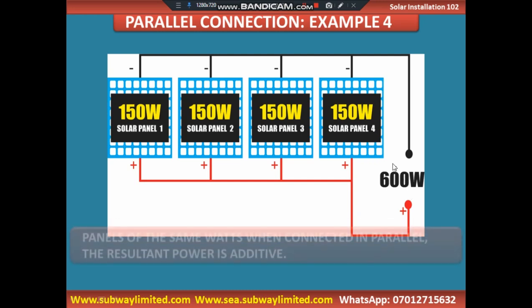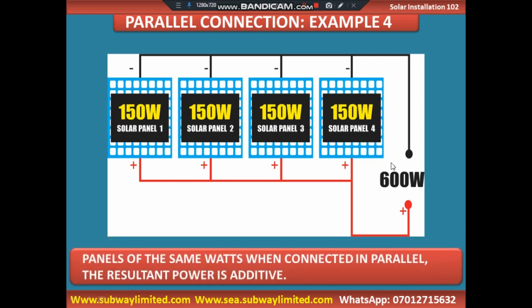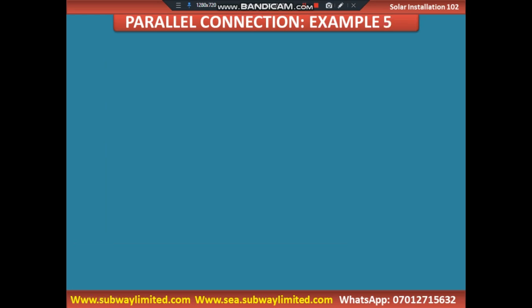We are saying here that panels of the same watts, when connected in parallel, the resultant power is additive. That means if you are connecting solar panels of the same watt in parallel, you are bound to have the addition of all the wattage of the solar panels.